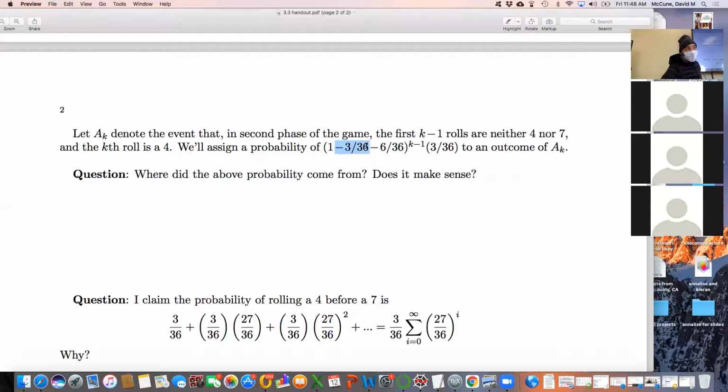But you also got to avoid 7s, and probably a 7 is 6 out of 36. So this right here is the probability of seeing neither a 7 nor a 4. You can't see anything else, right? You guys agree with that? And then Trent said, and then you got to repeat that K-1 times.